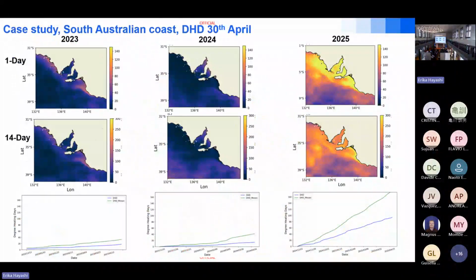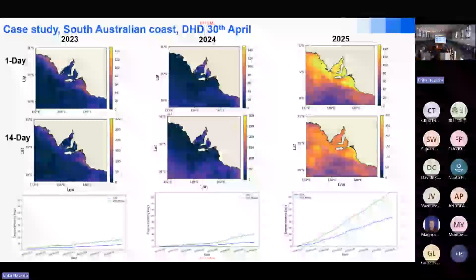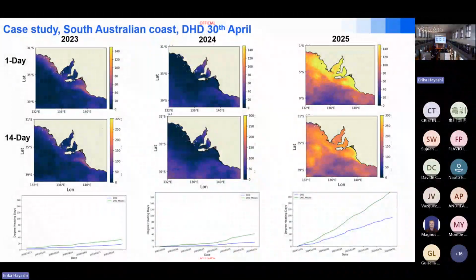And then if we zoom in only on that Adelaide region, here I am looking at a couple of previous years compared to this year. The first column is showing 23, the second is 24, and the third is 25. This is the degree heating days accumulation on the last day of the season, the 30th of April.